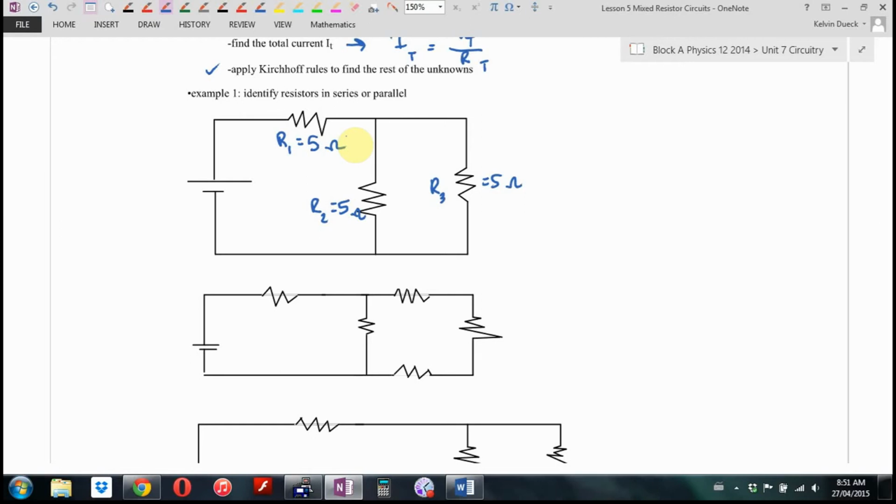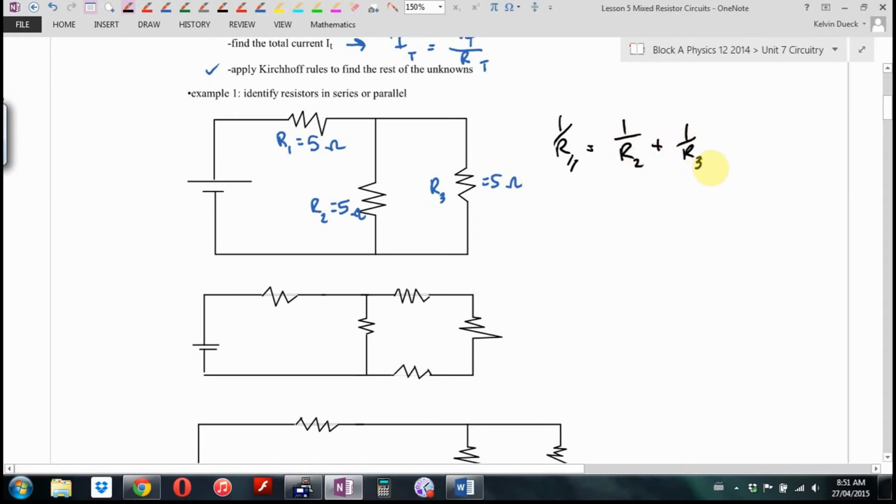Let's write this as one massive resistor. First thing that I would do is I would say 1 over R parallel, and there's my abbreviation for parallel. 2 lines is parallel. It's going to be 1 over R2 plus 1 over R3.